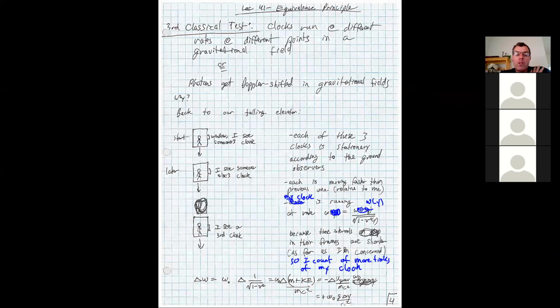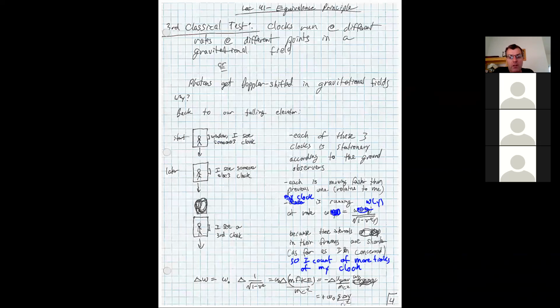And so the discrepancy in omega: one of the frequencies is the other one divided by the square root of 1 minus v squared. So this discrepancy is omega naught times the change in 1 over the square root of 1 minus v squared.